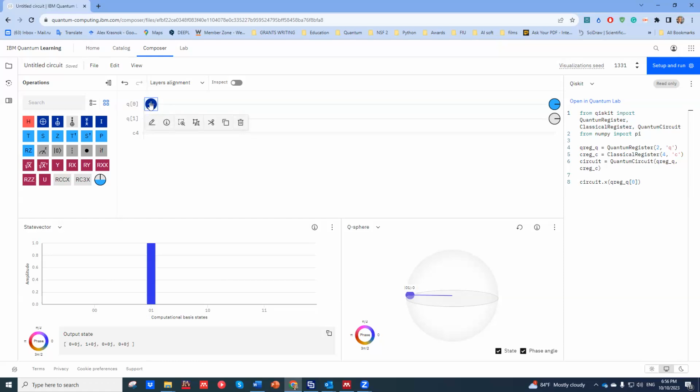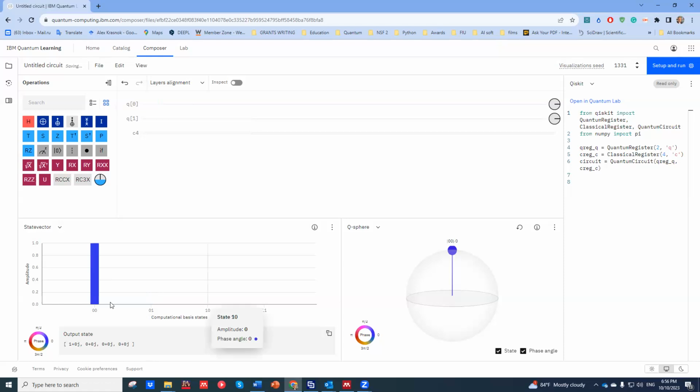So now the space is 4-dimensional, right? So we have these 4 different state vectors, 0, 0, 0, 1, 1, 0, 1, 1. And by default, it starts from the state 0, 0, when both qubits are in state 0.